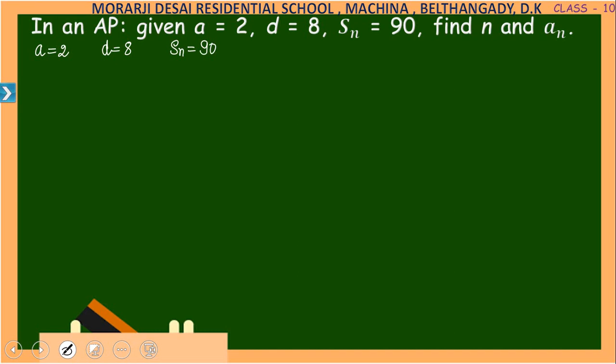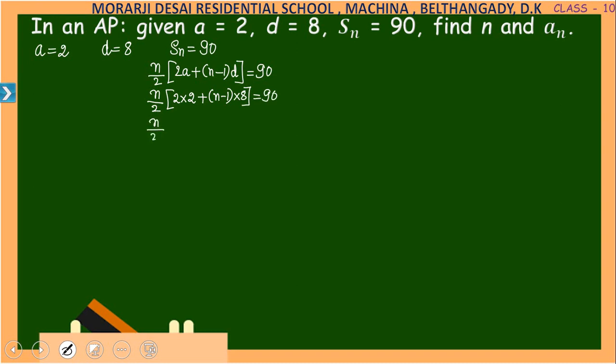Now write the formula for Sn. That is n by 2 into 2a plus n minus 1 into d is equal to 90. We don't know n, write as it is, n by 2. What is a? A is 2 plus n minus 1, d is 8 is equal to 90.